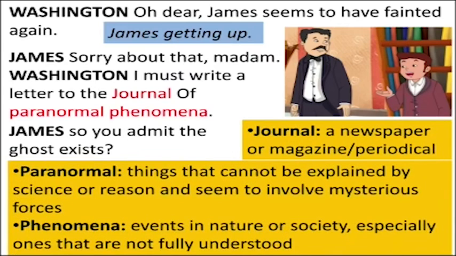Journal is a type of newspaper or magazine or a periodical. Paranormal means things that cannot be explained by science or reason and seem to involve mysterious forces or unknown magical forces. Phenomena means events in nature or society, especially ones that are not fully understood.